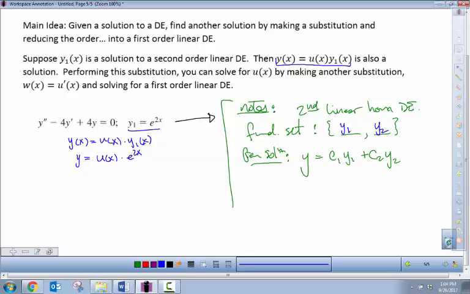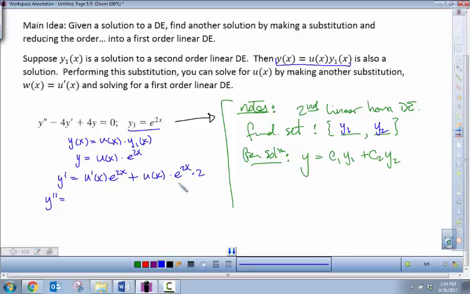So, what do we want to do? Well, according to this, we need to find y double prime and y prime. So, let's find y prime. That's the derivative. u is a function of x, so this is a product of 2 functions. And then we need to find the double prime.